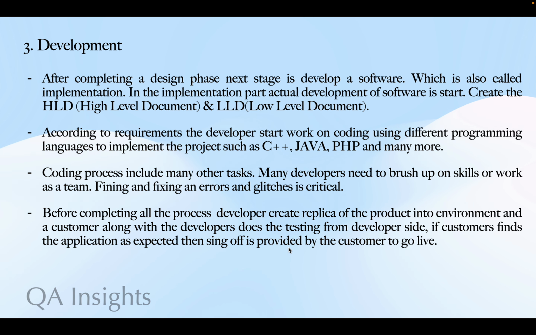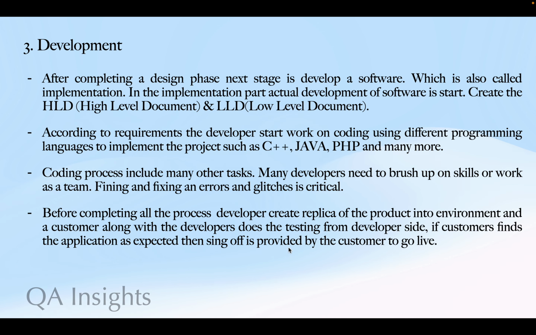The coding process includes many other tasks, and developers need to brush up their skills and work as a team, because finding and fixing errors and glitches is critical. So they have to be very particular about things related to the programming language and what kinds of skills they need for this.